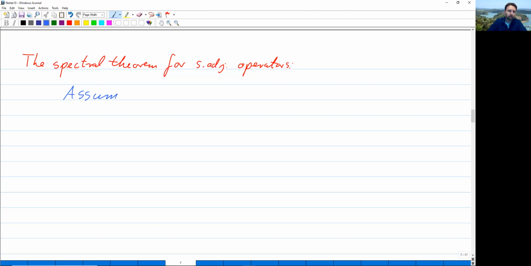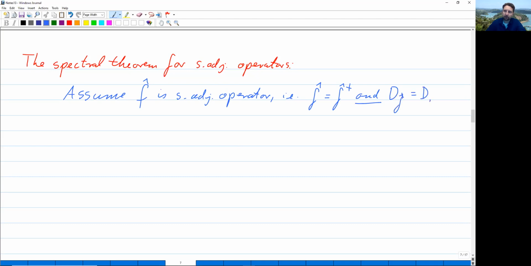Assume f hat is a self-adjoint operator, i.e. f hat acts the same way as f hat dagger on the vectors that they are defined on, and we also must have that the domain of f hat is equal to the domain of f hat dagger. Right, so let's assume that we are dealing here with a properly self-adjoint operator.